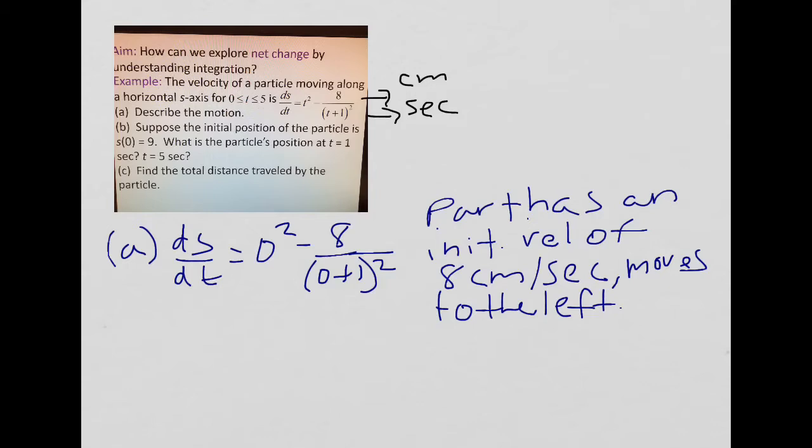So now we need to also find out where it's going. So this is very similar to when we did our first derivative test. So let's proceed. Take our derivative, set it equal to 0, and solve.